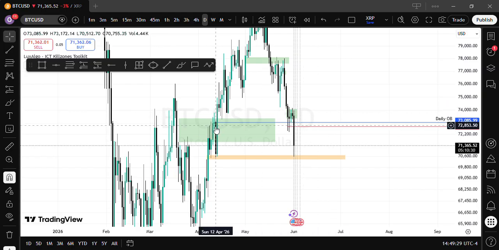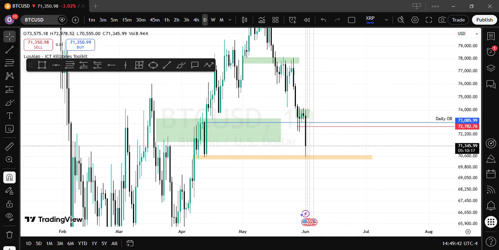See this black candle, a valid order block. I was skeptical about it. I was like, okay, this order block might cause issues and push price up. That was my idea.